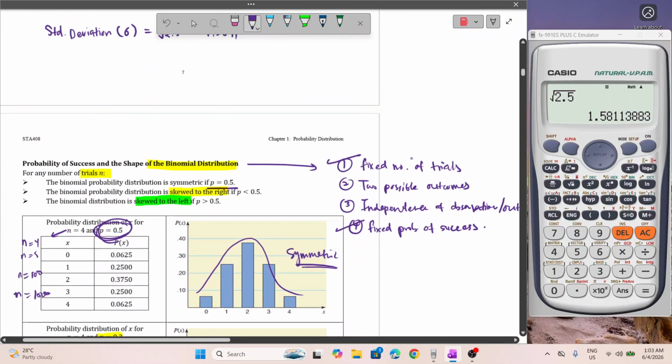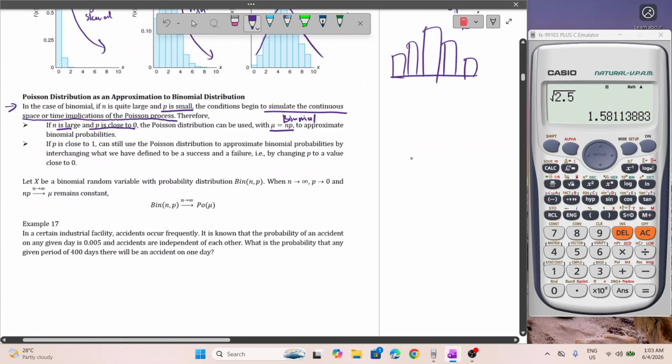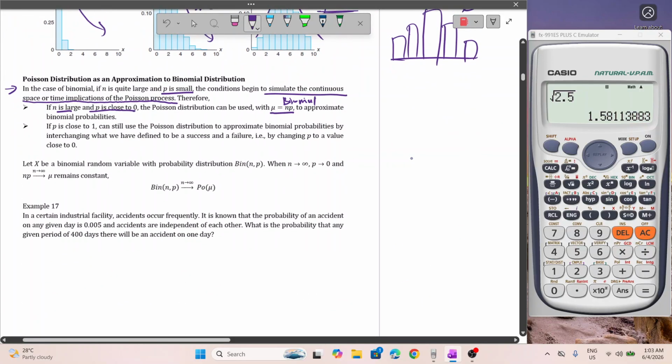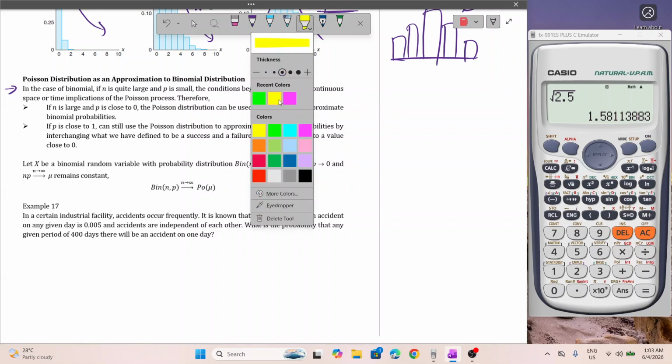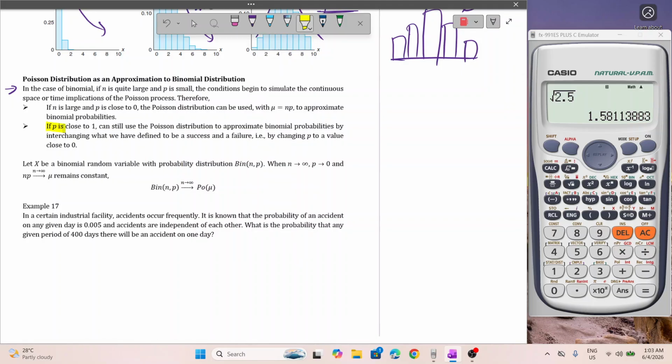All right, now, there are conditions, like I said, that can be used. I think it's better to use the highlighter. If p is close to 1, we can still use Poisson distribution to approximate binomial probabilities by interchanging what we have defined to be a success and a failure.